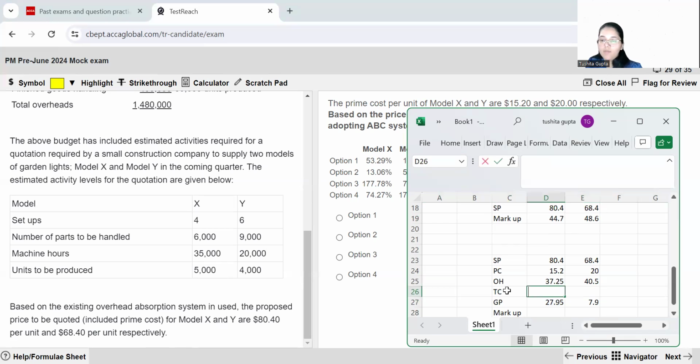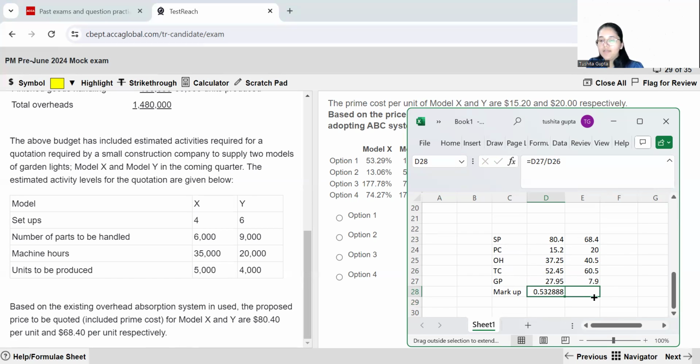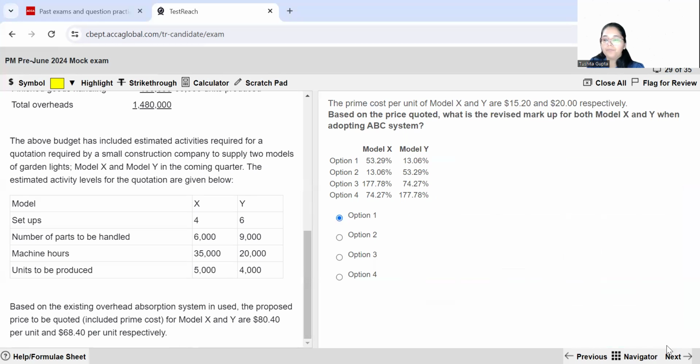Total cost is nothing but prime cost plus your overheads. So this is what your total cost looks like. Your markup is nothing but your gross profit divided by the total cost. So with this, you get 53.29% and then 13.05, or roughly 0.6, over here. So I think it's option 1 that could be our potential answer.